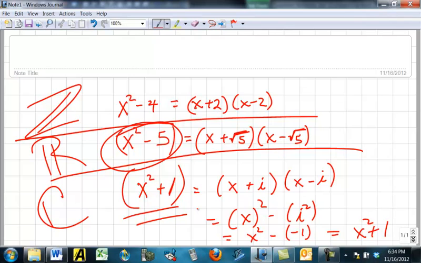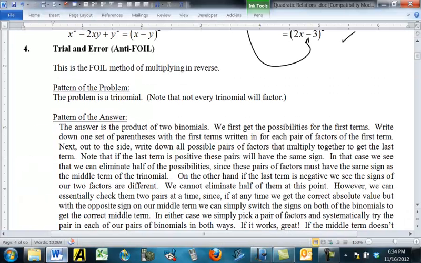It's prime if we allow real coefficients only. But if we allow complex coefficients, it's not prime. It can be factored down. So right at the moment, in the factoring, I'm talking about factoring only with integer coefficients. So in that case, some trinomials cannot be factored if we only allow integer coefficients.